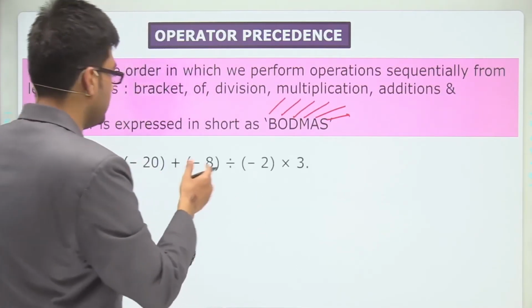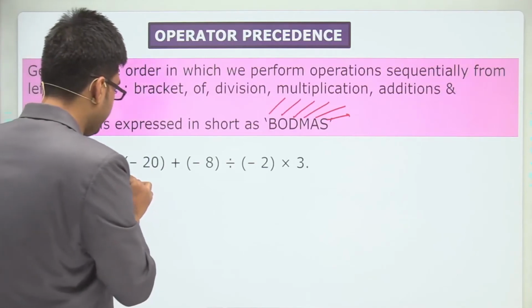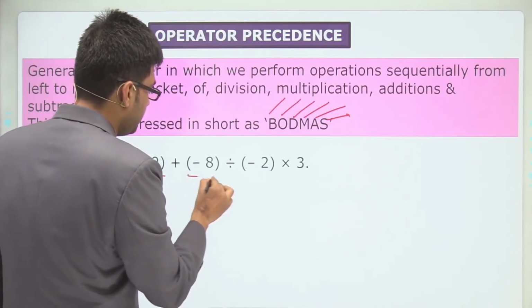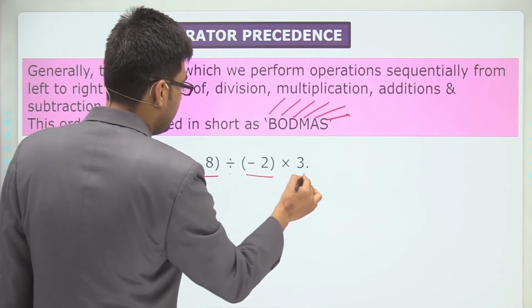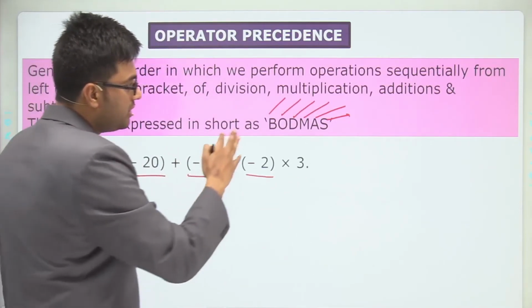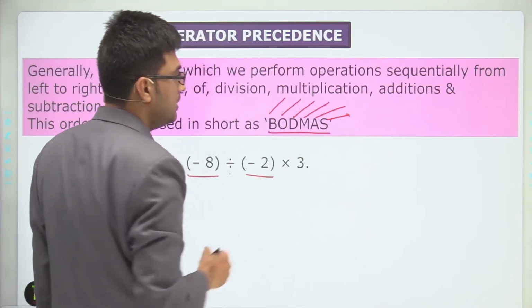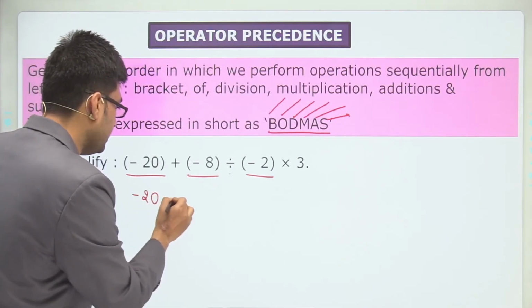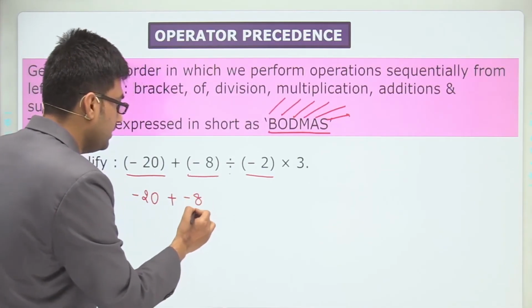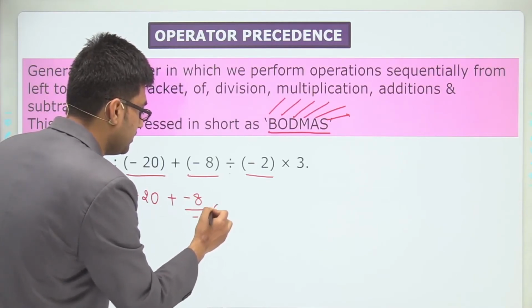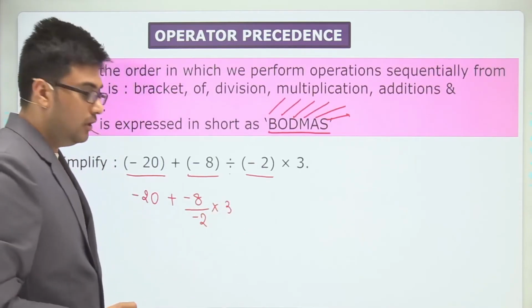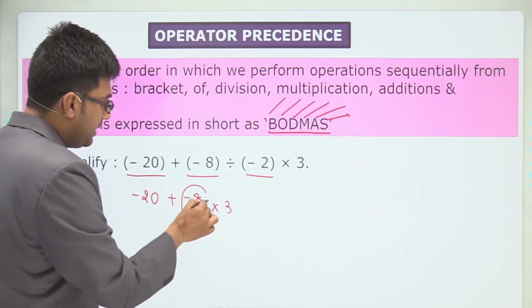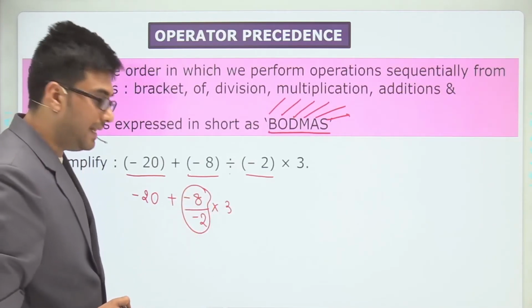Now students, let's discuss some questions on this. This is the first question. Here it is given that minus 20 plus minus 8 divided by this and this. So according to this concept, we have to first divide. So we can write it as minus 20 plus minus 8 divided by minus 2 multiplied by 3. So minus 8 divided by minus 2 is what? Both have like signs.